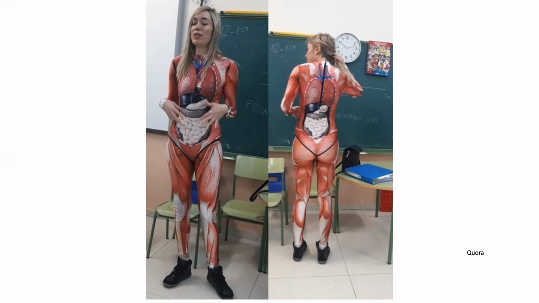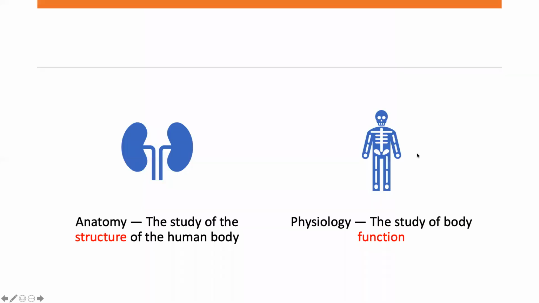Of course, anatomy is not a study of the organ and function. Anatomy is the study of the structure of the human body, which means, for example, what is the shape of the kidneys, where are they located, and so on.